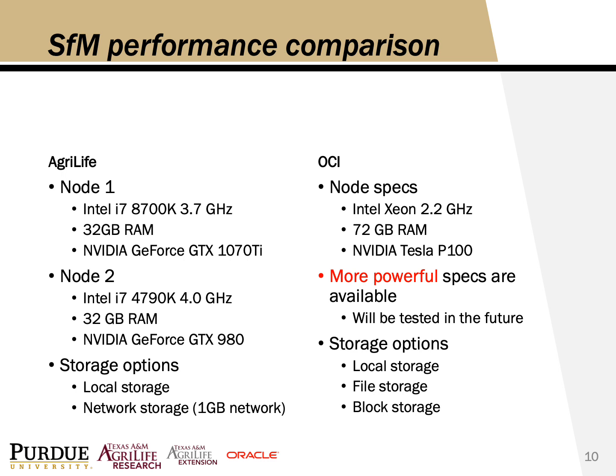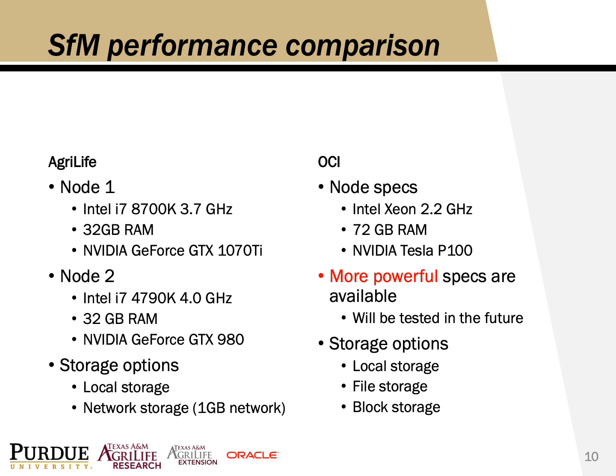So that's the AgriLife setup. On the right side, I'm showing the Oracle Cloud Infrastructure experiment setup, and we tested only 1 node for this study, which is equipped with an Intel Xeon 2.2 GHz CPU, 72 GB of RAM, and an NVIDIA Tesla P100 GPU.